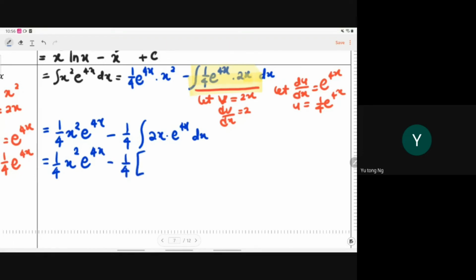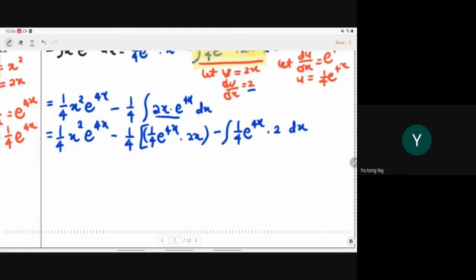So this product, what we chose from here is our u is 1 over 4 e for x, and v is 2x, minus integrate your u, 1 over 4 e for x, multiplied with dv dx, which is our 2. Now this one we can simplify.